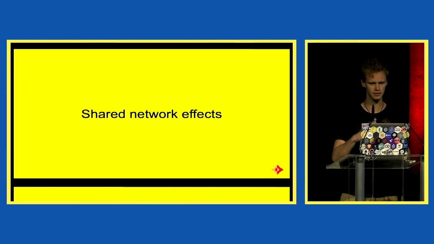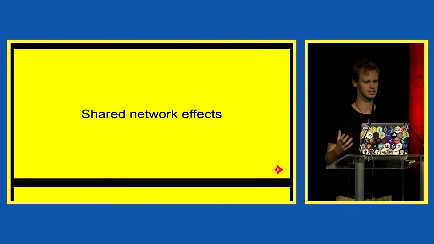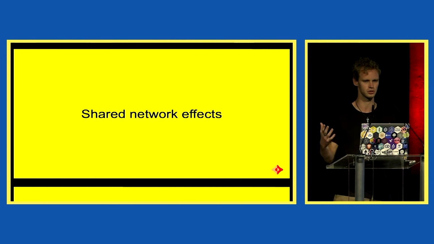And finally, once we have this global shared user table, we can start creating shared network effects. What that means is essentially, if I create my application and I create some nice data model that describes the data I'm storing in the table, and I onboard 10,000 users, that's great for me. But then another application sees the data I've created and finds it useful. Now that application can bootstrap their app with my 10,000 users, and maybe it's super successful, so they onboard another 100,000 users to use the same data model.